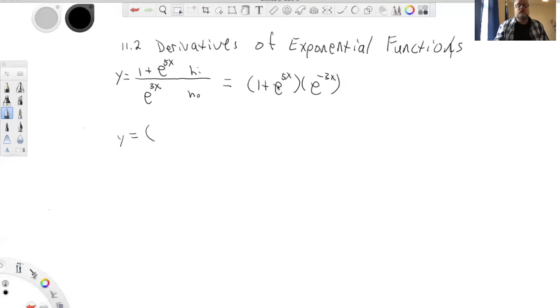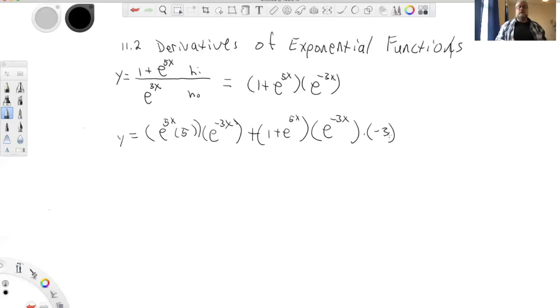Derivative of a 1 is 0, so we need the derivative of that. So that'd be e to the 5x times 5, times the second, e to the minus 3x, plus the first, 1 plus e to the 5x, times the derivative of the second, e to the minus 3x times a negative 3. That'll be our derivative if we use the product rule.